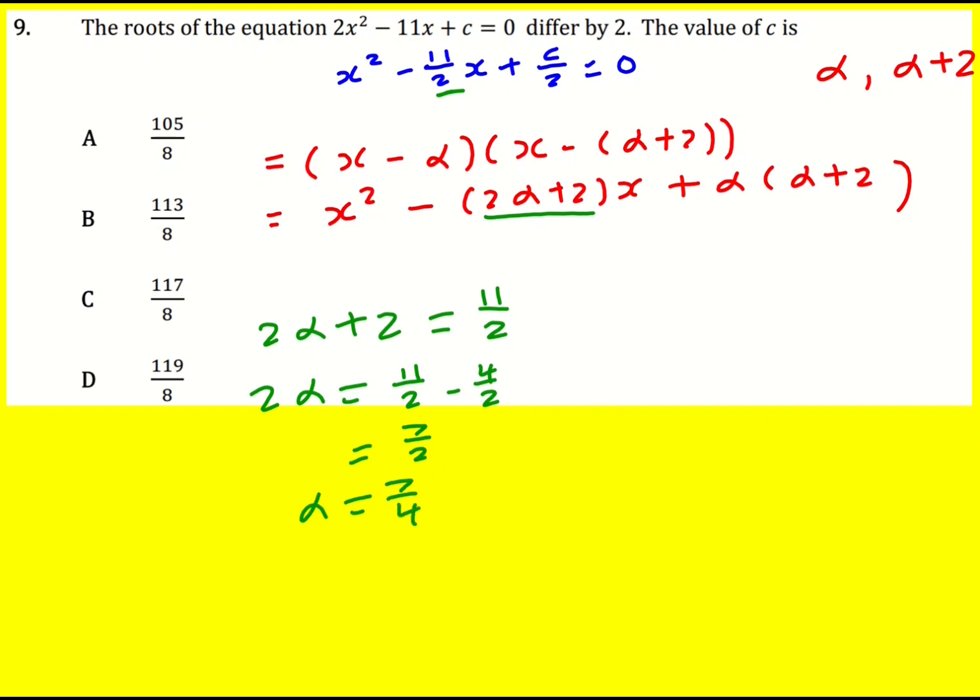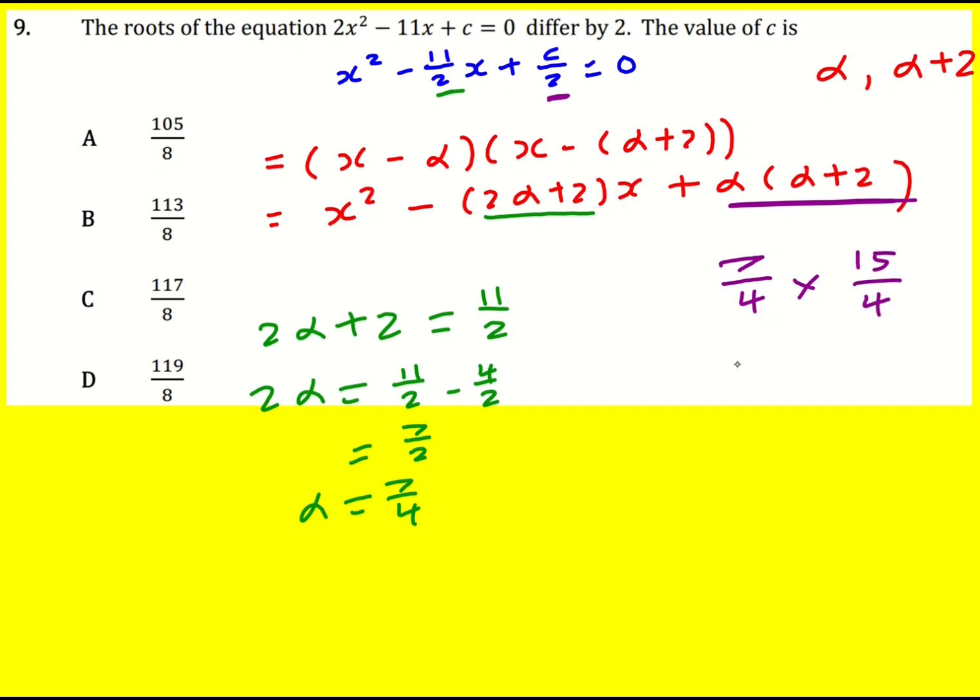And I've worked out both roots that way, actually. Although I do need them, because now I can compare c over 2 with alpha times alpha plus 2. That will be 7 over 4 multiplied by, okay, I need to now add on 8 over 4, so it'll be 15 over 4.